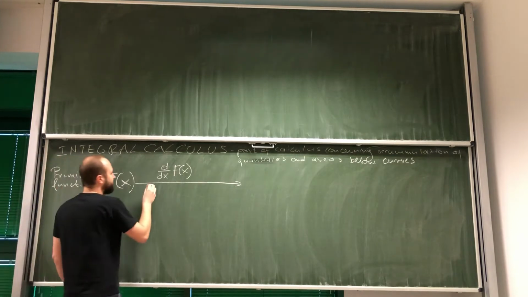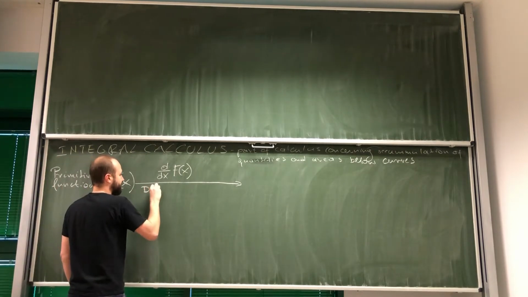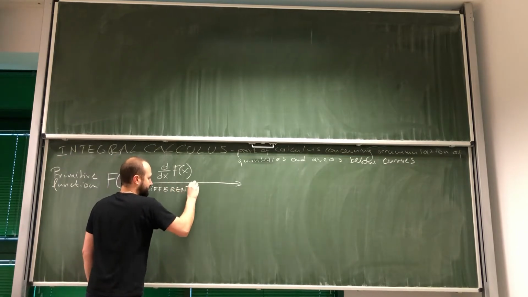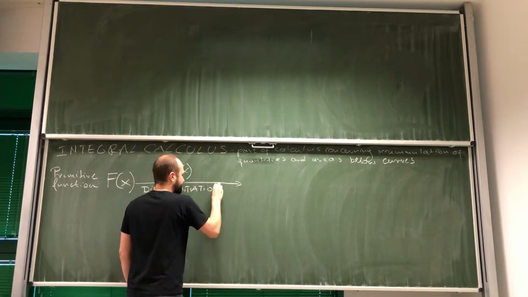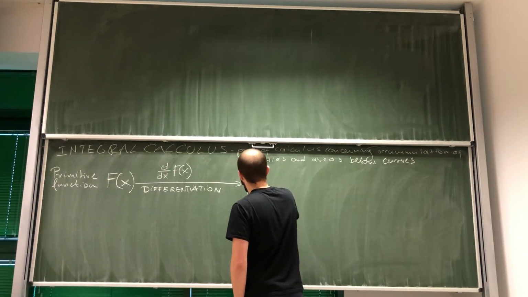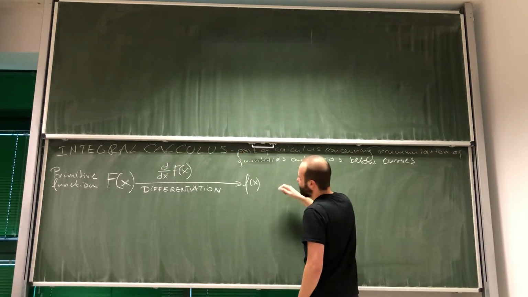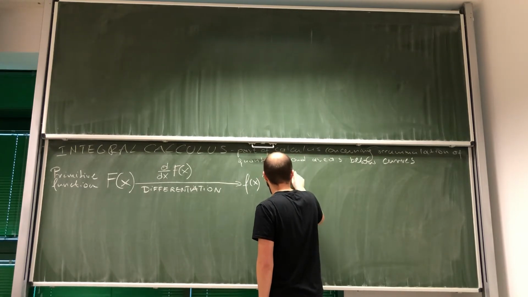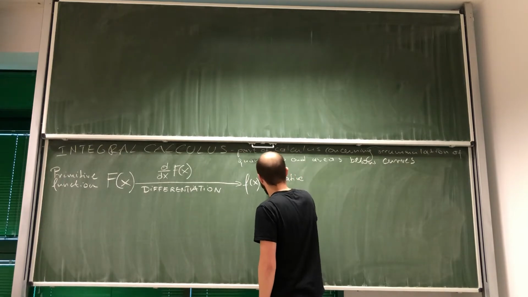So we were doing something called differentiation. And as a result, we were obtaining f of x, right? So our derivative function.